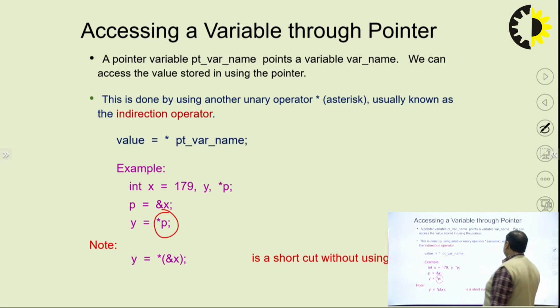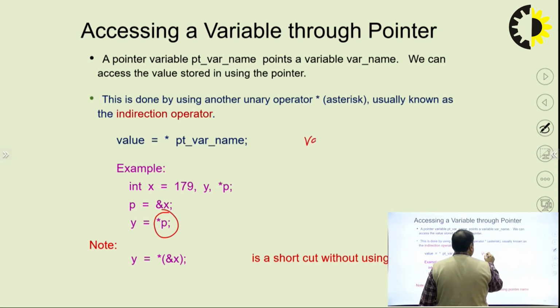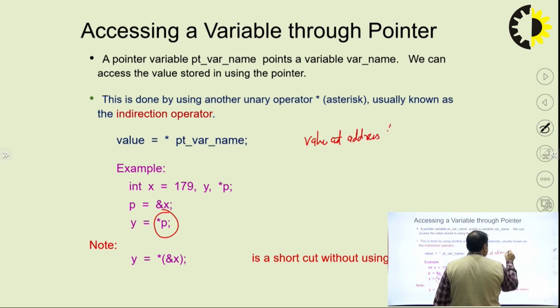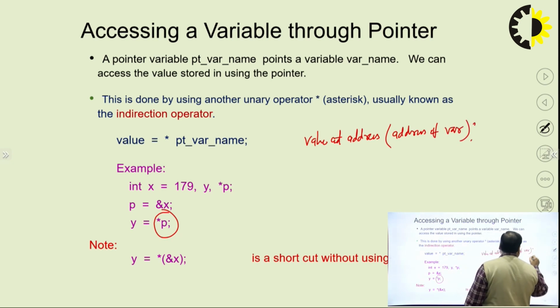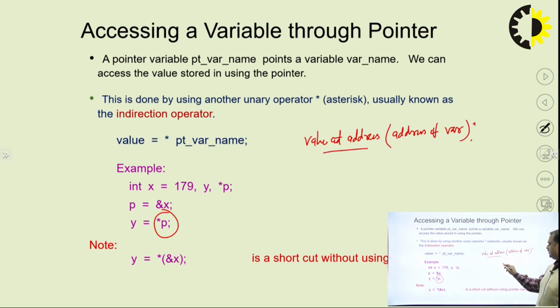So, what we are using is value at address of variable. The asterisk gives the value, and the address of a variable is written like this. This is basically a shortcut without using the pointer name, so that we can also do.